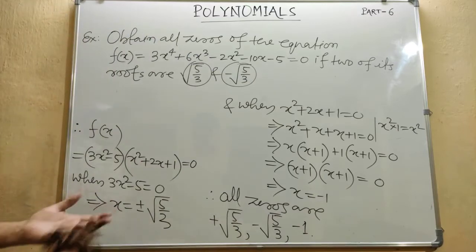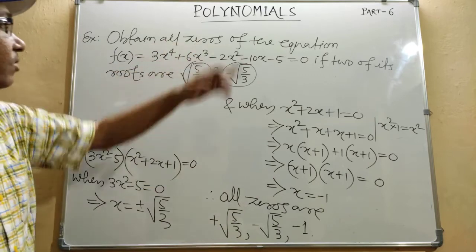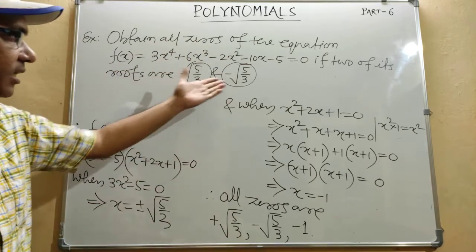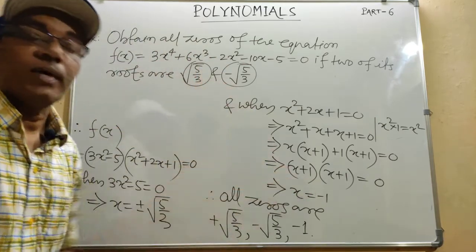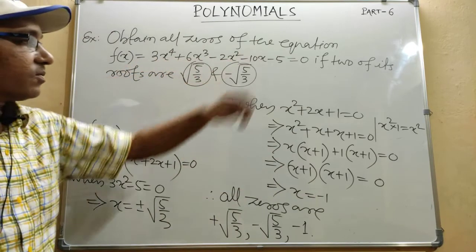If it is asked what is the other root other than this, then -1, and if it is written to obtain all the zeros, then one is this, one is this, and one is -1. So these are the 3 zeros of this.